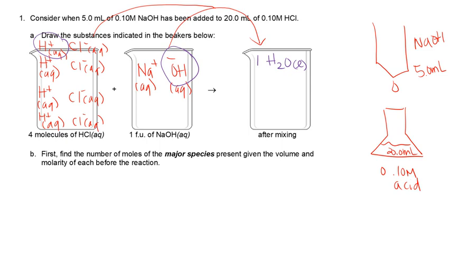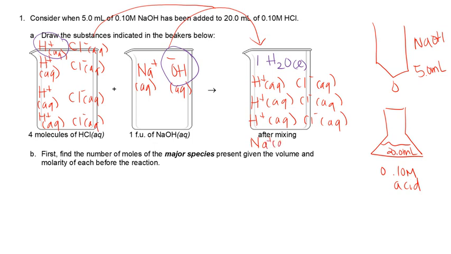So I still have H plus aqueous, Cl minus aqueous, H plus aqueous, Cl minus aqueous, H plus aqueous, Cl minus aqueous, and I also have the Na plus. So we have Na plus aqueous and another Cl minus aqueous.